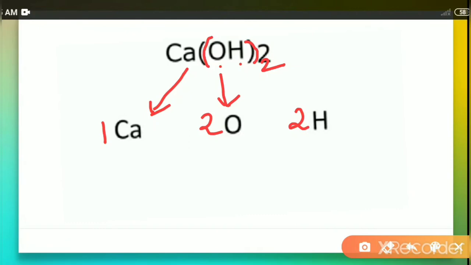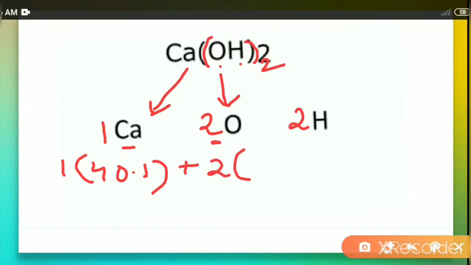Now we need to find the molecular mass. First we start with calcium: number of calcium, 1, into the atomic mass of calcium, 40.1. Now calcium is over. Next we move to oxygen, with a plus sign in between. Here 2 times oxygen, so 2 into the mass of oxygen, 16. Now oxygen is over.